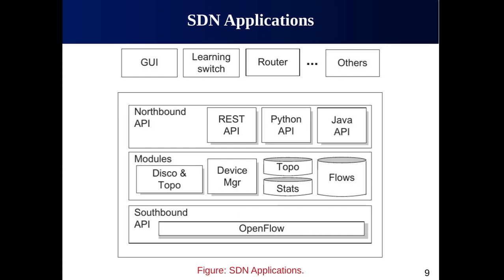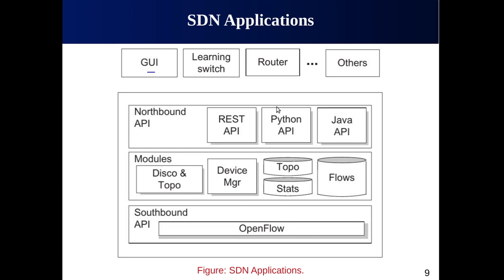Here in this figure, you can see the same figure. I have placed it again here in order to focus on the applications now. So you can see that we have some standard applications like the graphical user interface. This graphical user interface is used for managing the controller. If you want to set or configure a controller, you will have to use the graphical user interface. And we also have a learning switch, a routing application, and other things.